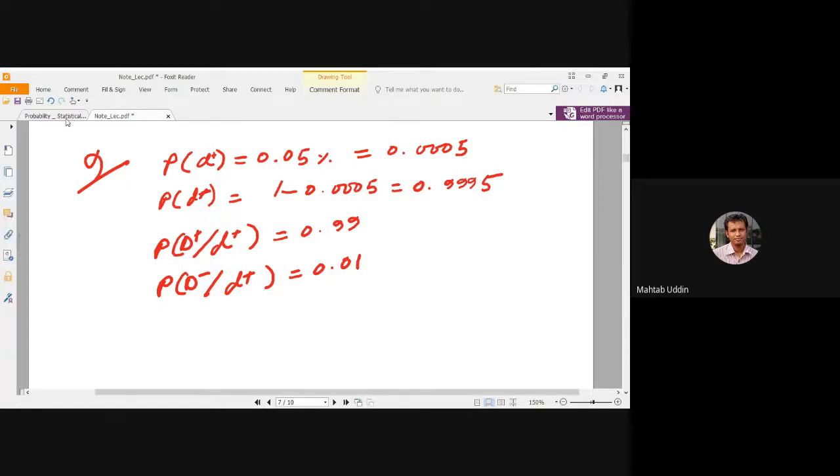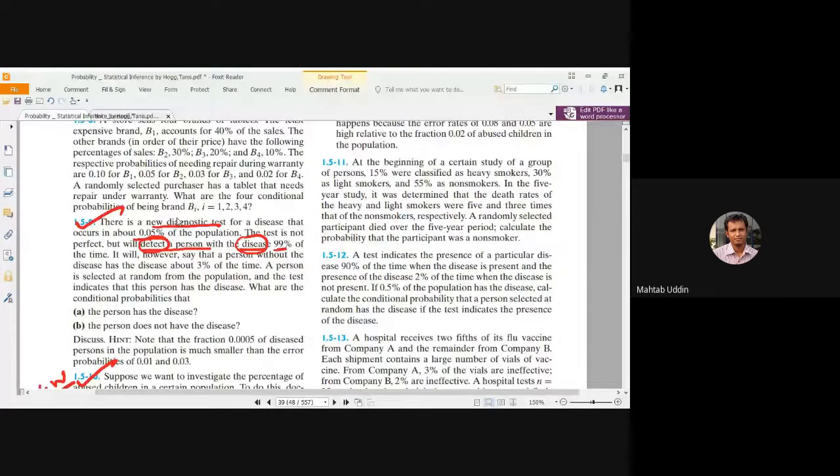Then, it is however said that a person without disease, that is, the disease is not present, is told by the test that they have the disease. The test says they have disease, but actually what? False positive. Okay, it's called the false positive. What is the understanding here?